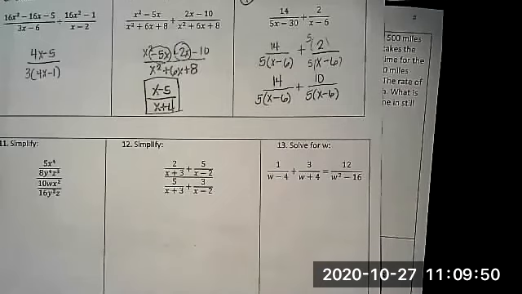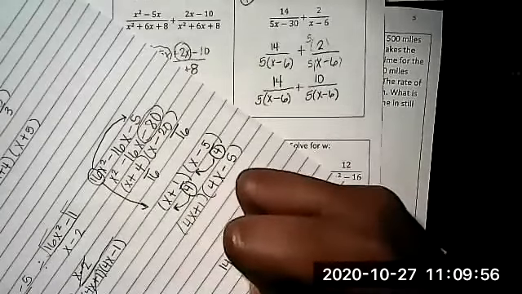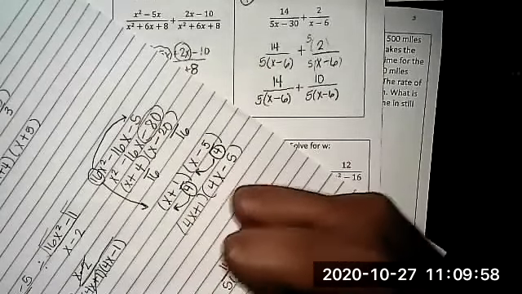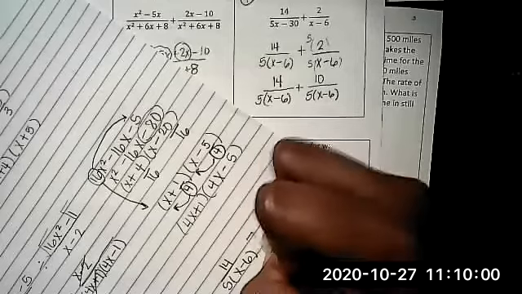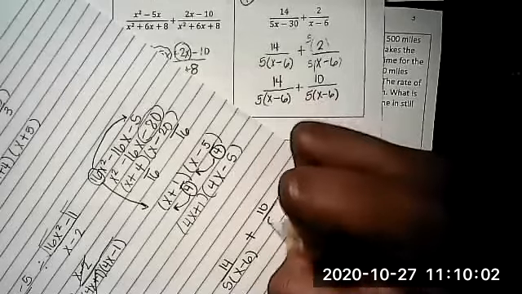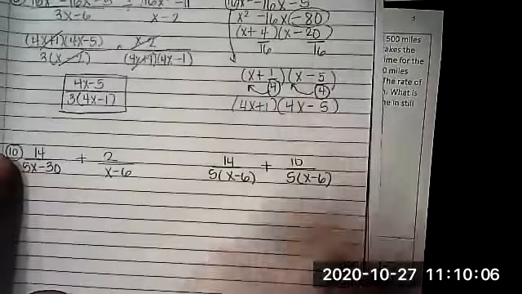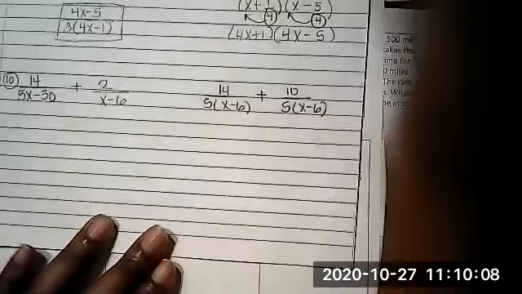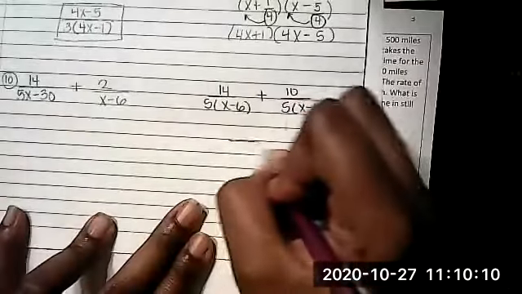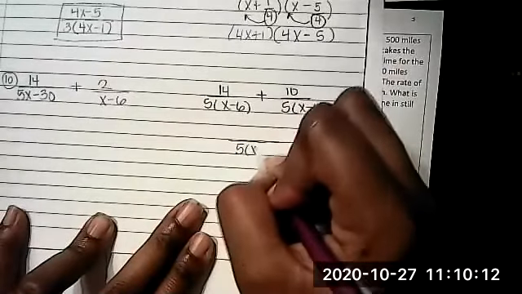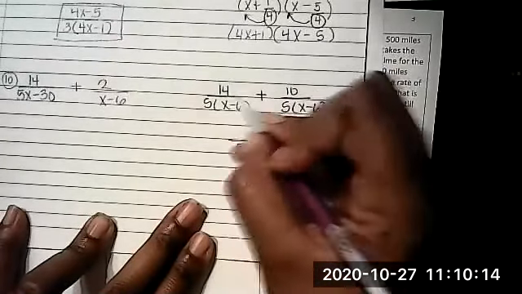Okay, so now, of course, you have 14. I'll write it here: 14 over 5 times x minus 6 plus 10 over 5 times x minus 6. Now that they have a common denominator, I can put them under one fraction and add the top two.